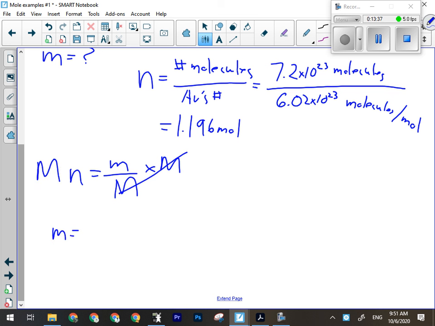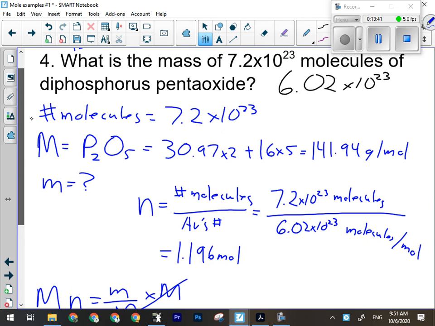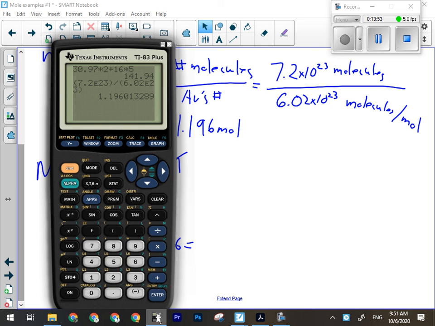So mass will equal the 141.94 times the number of moles, 1.196, obviously with all the decimals in it when we actually do this. So we're going to take that and multiply by 141.94. So we're looking at 169.76 grams.